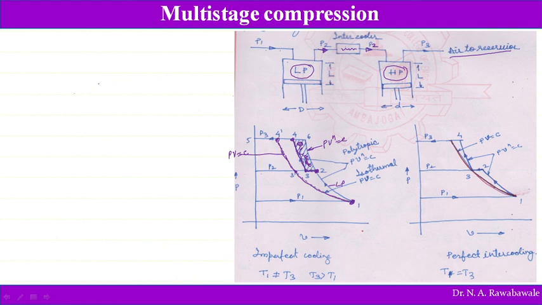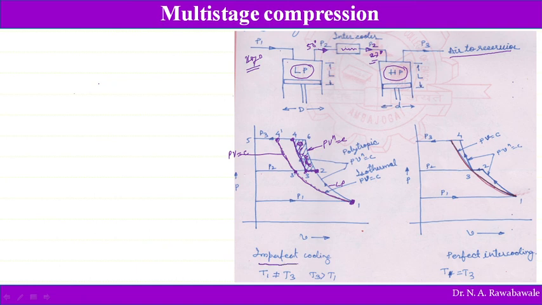For example, air enters the compressor at 27 degrees Celsius and comes out at 50 degrees Celsius, and it is cooled again. When the intercooled air comes out of the intercooler at 27 degrees Celsius, the same as the inlet temperature, we call it perfect cooling. So if the temperature at point 3 is equal to the temperature of air entering, T1, we call it perfect intercooling.